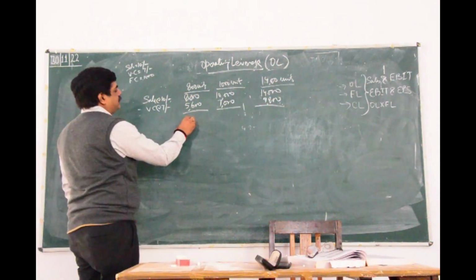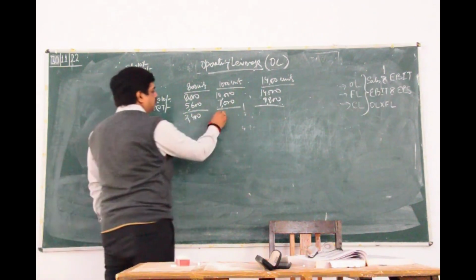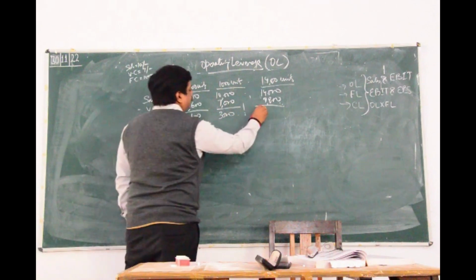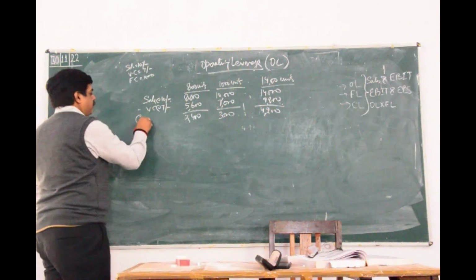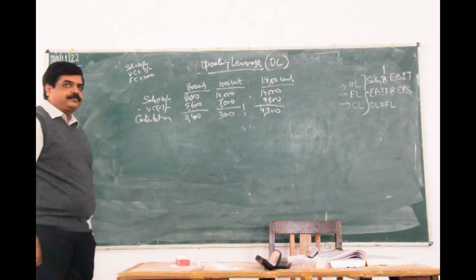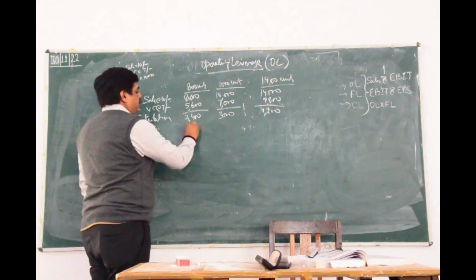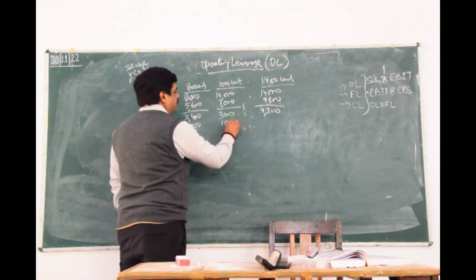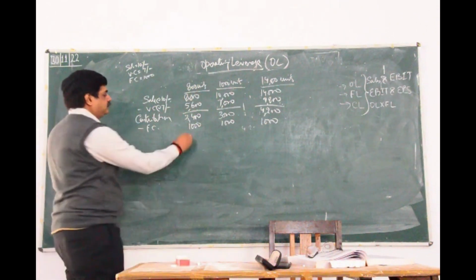It will come to 2,400, 3,000 and 4,200. That we got as contribution. Right? Minus fixed cost: 1,000, 1,000, and here also 1,000 is there.